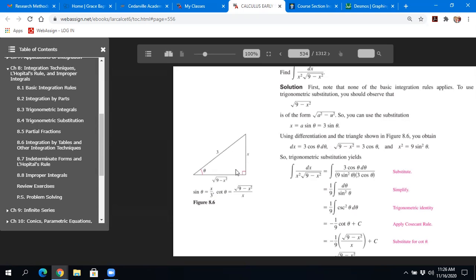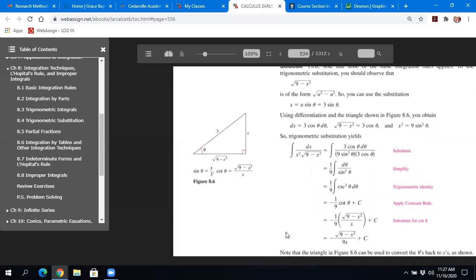So we put those things in there. In this third side, we solve for cotangent of theta. Remember, tangent of theta is opposite over adjacent. Therefore, cotangent of theta would be the flip of that, yeah? Adjacent over opposite, yeah? So you would do square root of 9 minus x squared over x. And that's where that comes from right there.